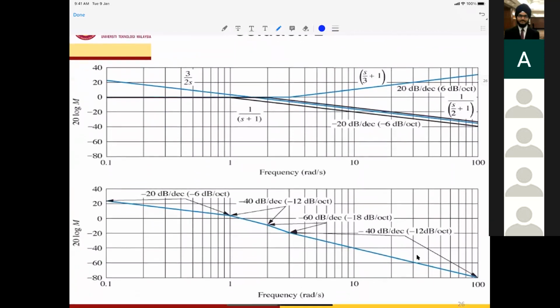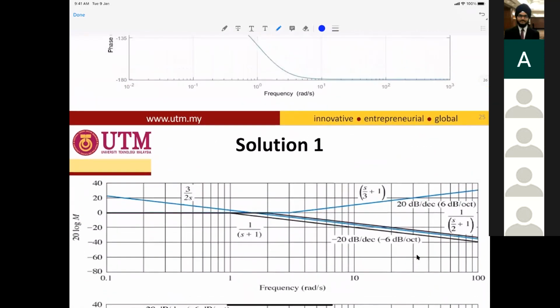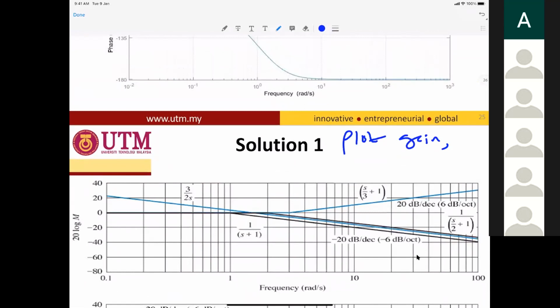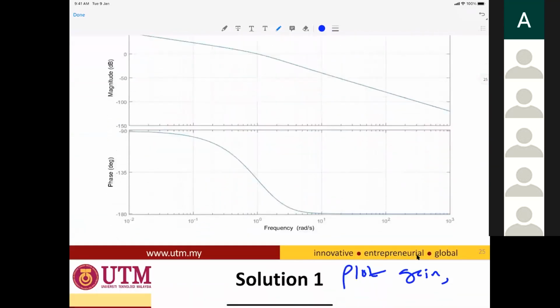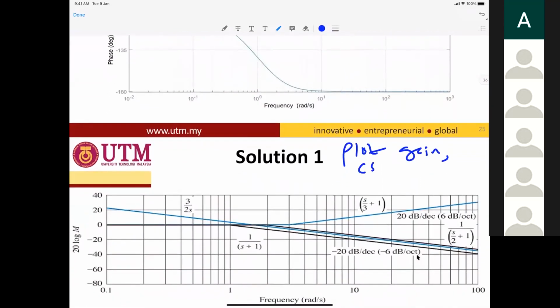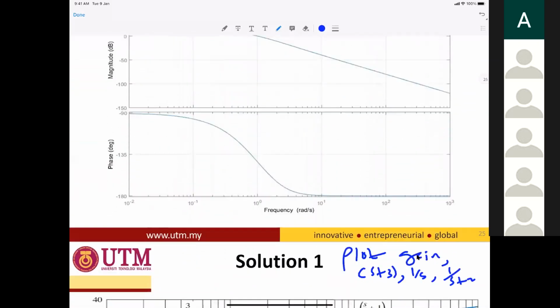Right. So if you want to do it manually, you have to plot one by one. You have to plot the gain, and then what else? S plus 3, then 1 over S, then 1 over S plus 2, and then 1 over S plus 1.